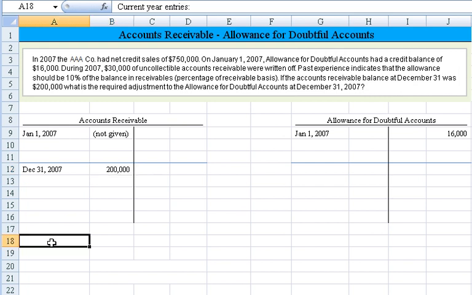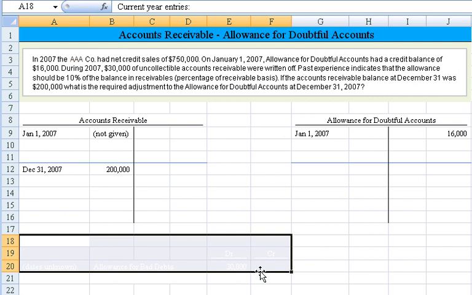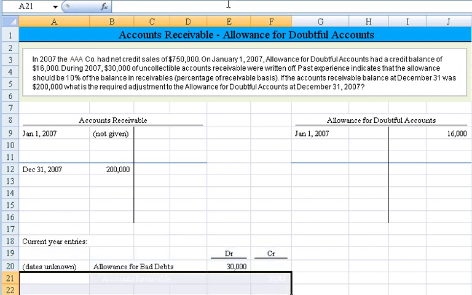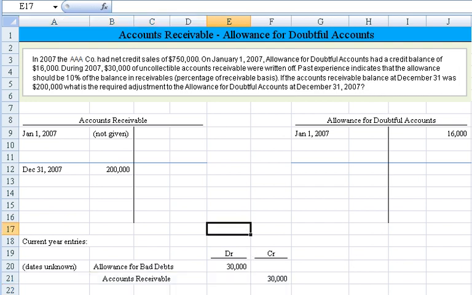So let's see if we can book the current year entries. Hang on one second here. I got one more row to show. Okay, so if we look here, during the year, and the dates are unknown, we were using the allowance method, so we debit allowance for bad debts, 30,000.